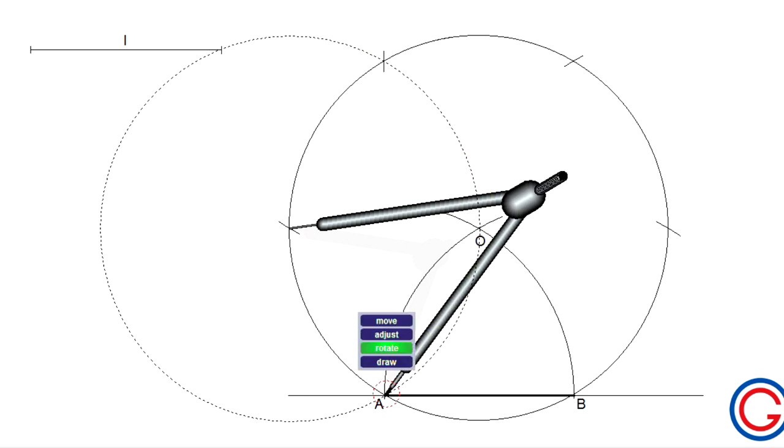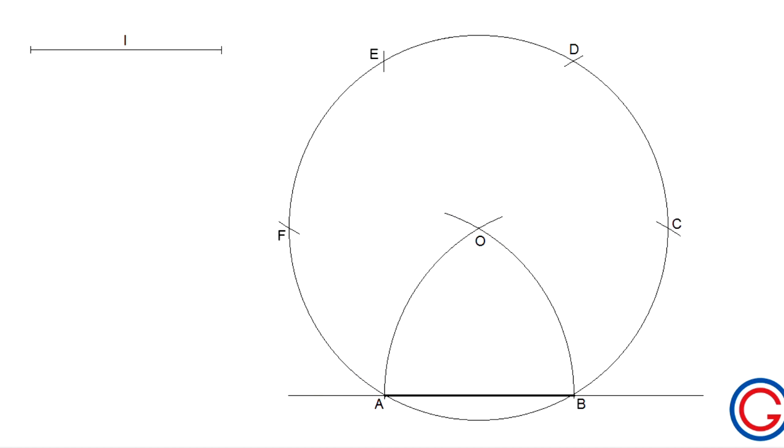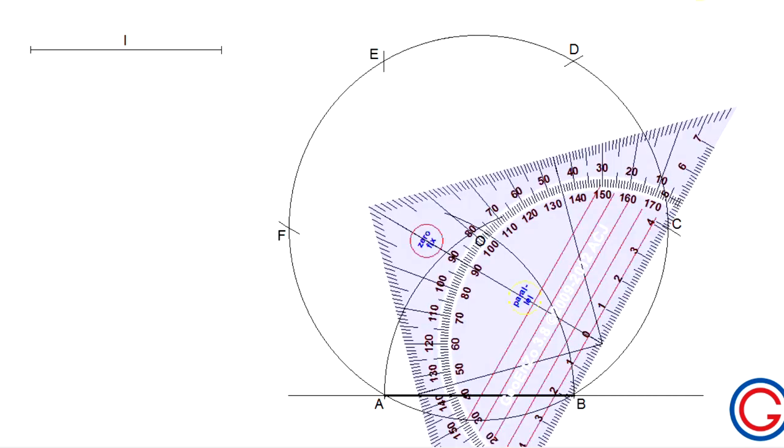So now we will mark all our vertices A, B, C, D, E, and F. So now all that's left to do is to join our vertices to complete the hexagon we are looking to draw.